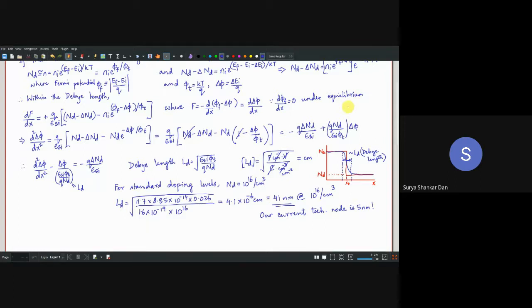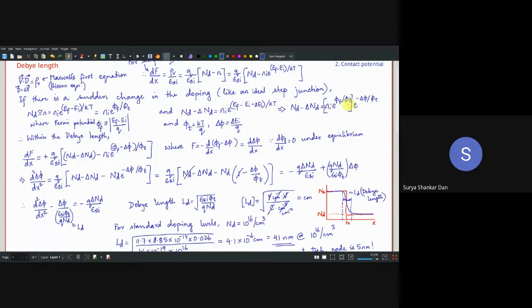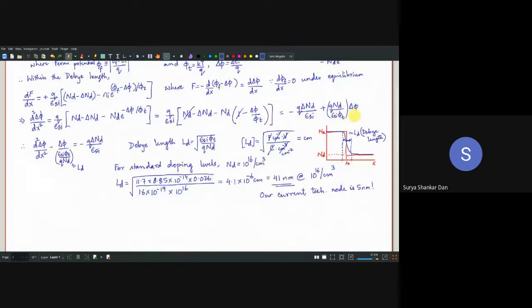Now if this is true, I will replace dF/dx by d2 delta F by dx square. Here we are left with this ni e to the power of phi F by phi T. This factor is the same factor as in this part, so ND is equal to this. So this is going to be equal to ND e to the power of minus delta phi by phi T.